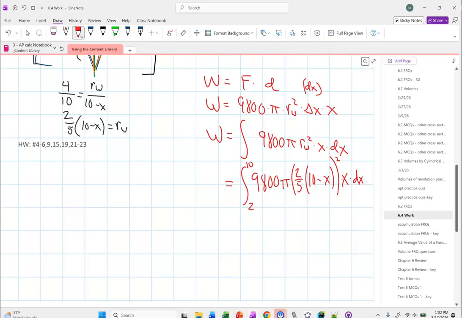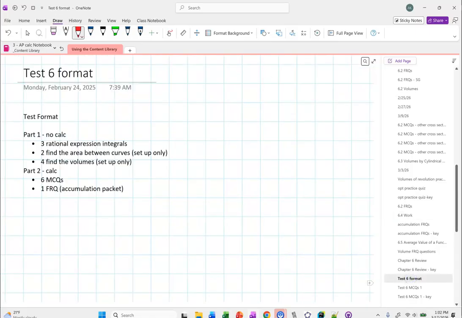As far as the test 6 format goes, that's your format. So you're going to have 3 of these rational expression integrals, 2 finding the area between the 2 curves.